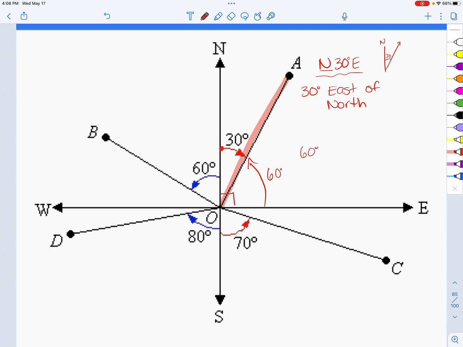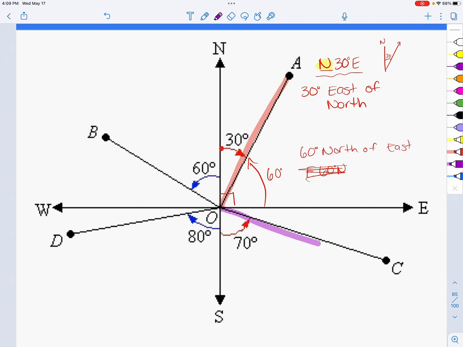And you could say 60 degrees north of east, or east 60 degrees north. This one we don't ever see. Whenever we see them written shorthand, it's always north or south first.